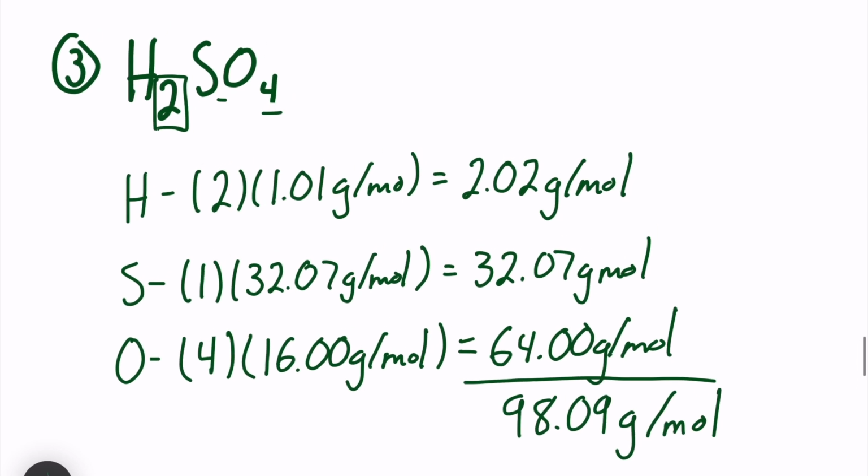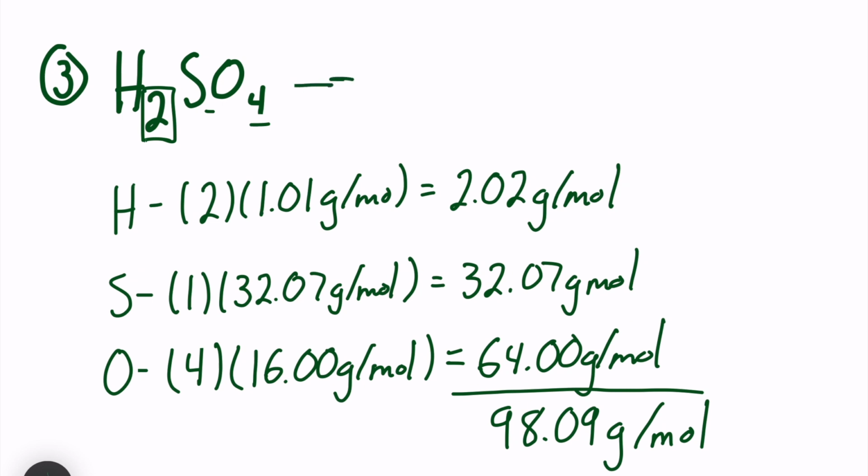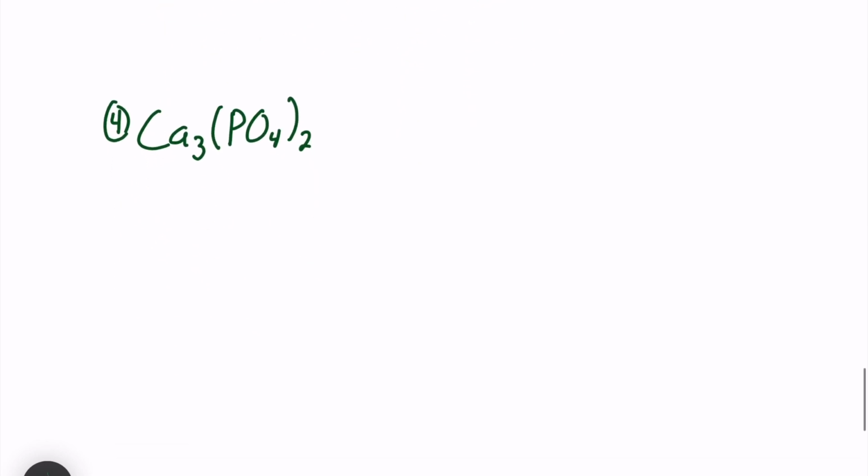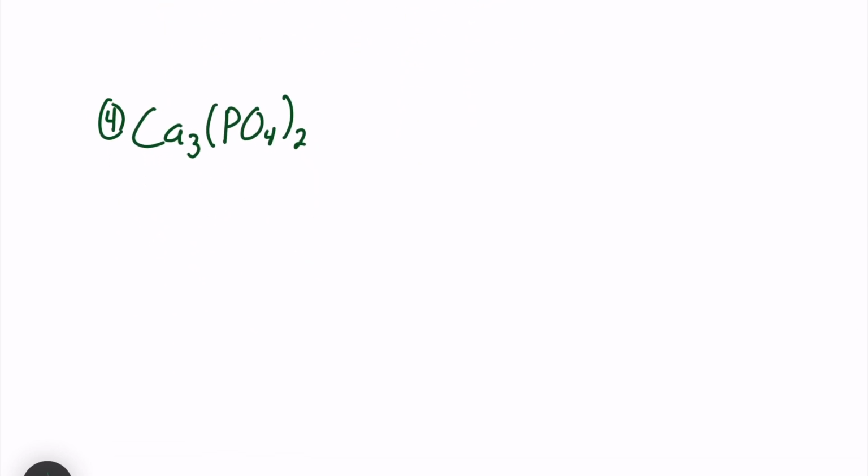So H2SO4 as a molecule has a molar mass of 98.09 grams per mole. And that is that question. We are complete. Let's move on to our last example, probably the most complicating one so far.